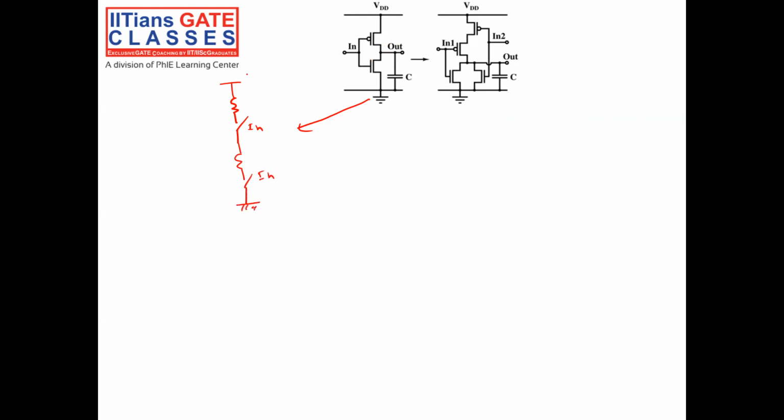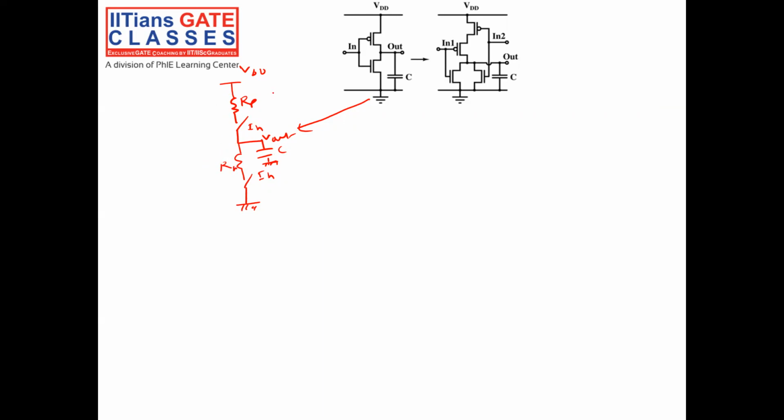This is ground, this is VDD. There is a capacitance here, C out. When my capacitor C charges to VDD, that is when this switch is closed. Let the resistance offered by my PMOS be RP, and let the resistance offered by my NMOS be RN when it is closed.